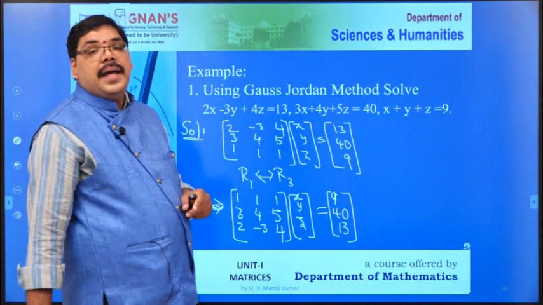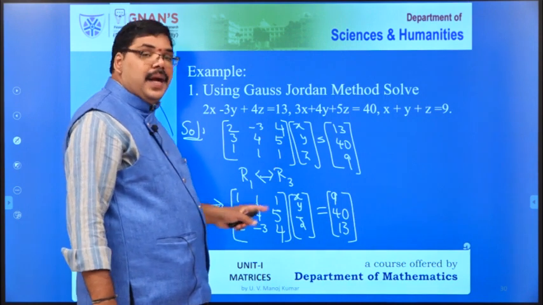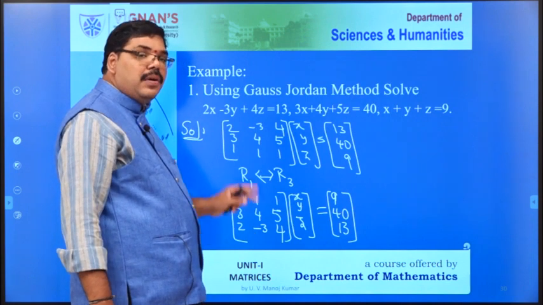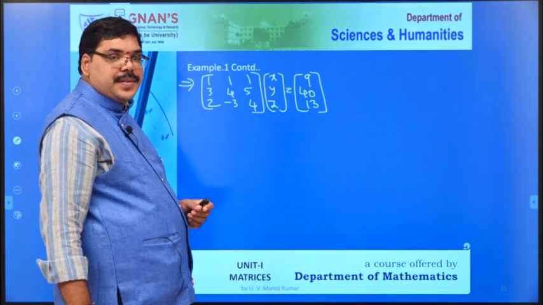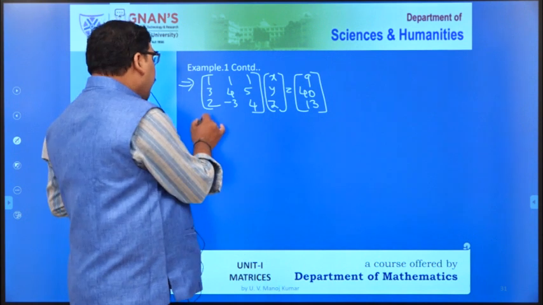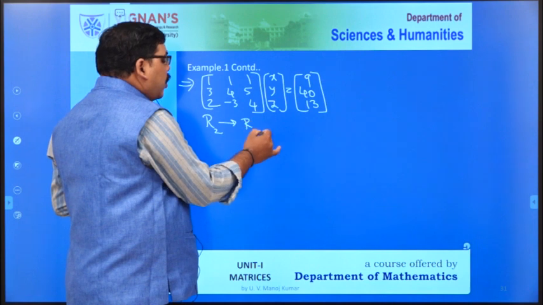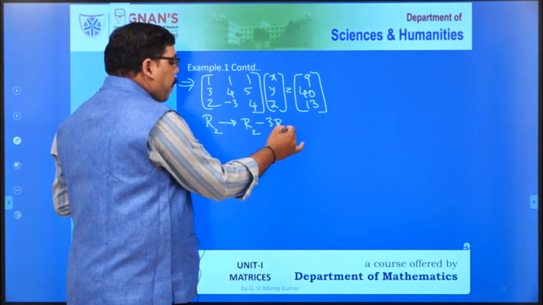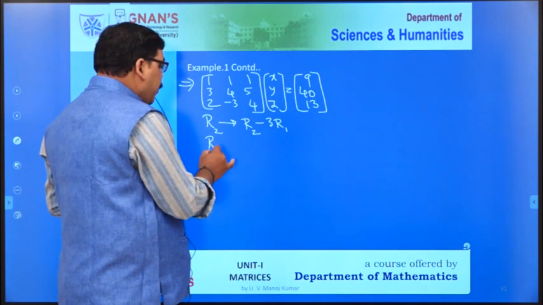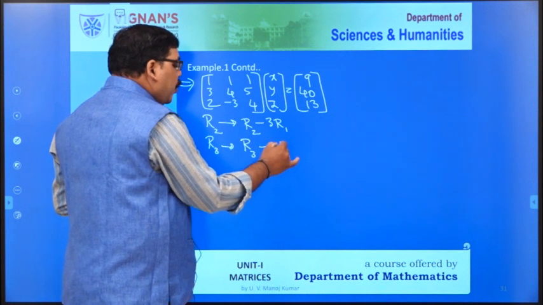Now we apply row operations on A and also on B so that we can reduce matrix A into normal form. Apply suitable row operations. I am applying R2 changes into R2 minus 3 R1 and also R3 changes into R3 minus 2 R1.